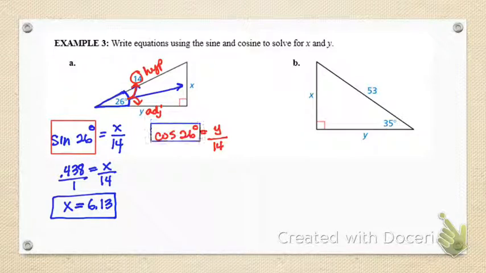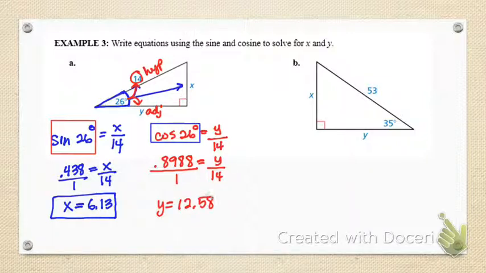Let's find the cosine of 26 degrees. Turn this into a proportion, cross multiply and solve. We're going to get y equals 12.58.